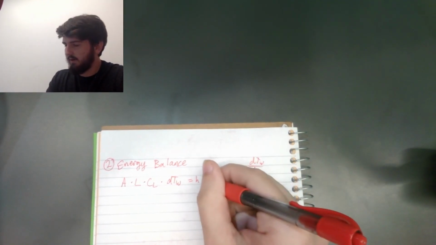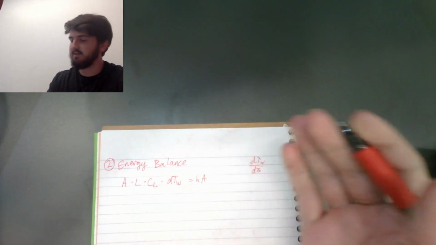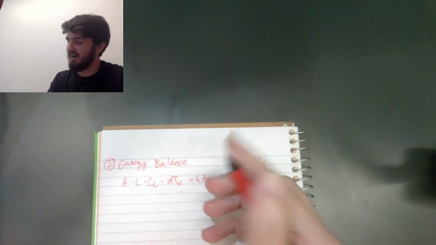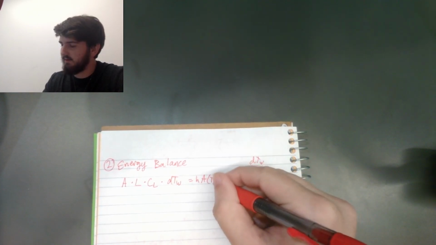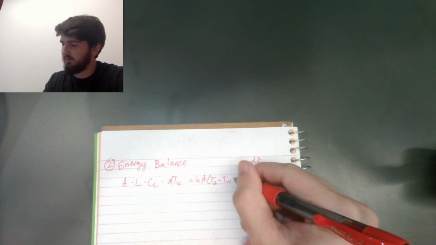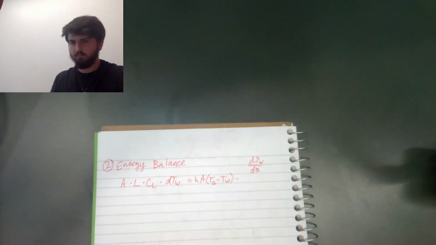And we're going to have, again, that multiplied by that cross-sectional area. It's got to be there. And we're going to have that be multiplied by the difference of the temperature from gas to water.